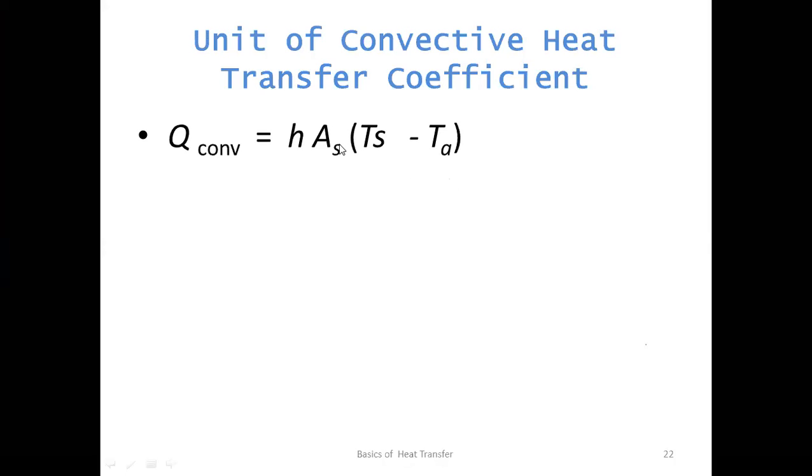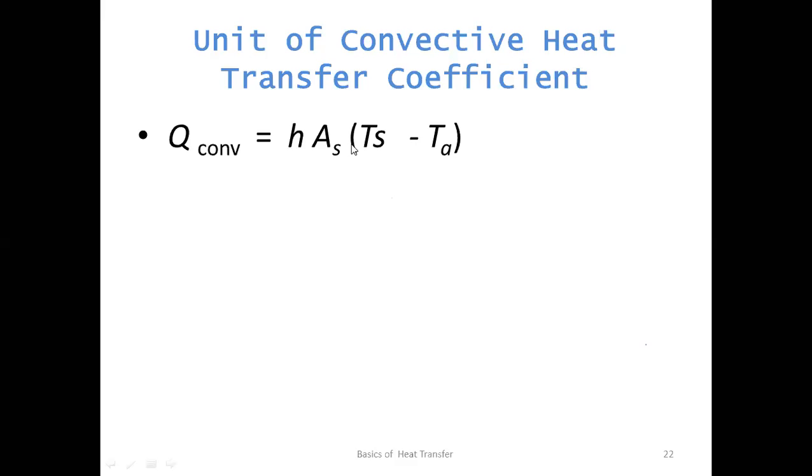Q is equal to HA delta T. What is the formula for thermal resistance? Delta T upon Q. All of you unmute yourself.